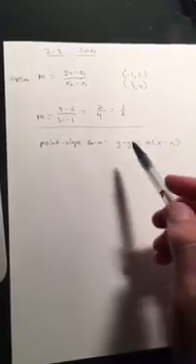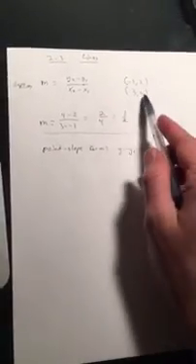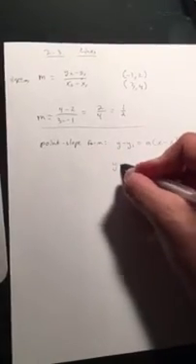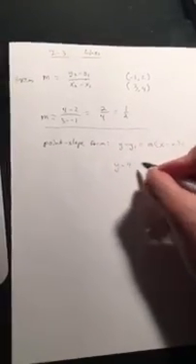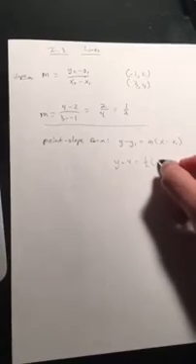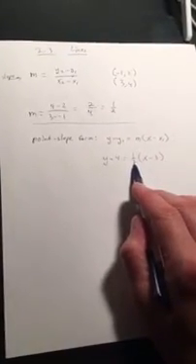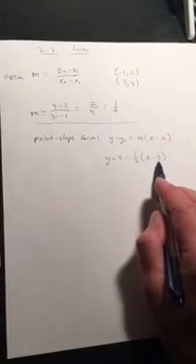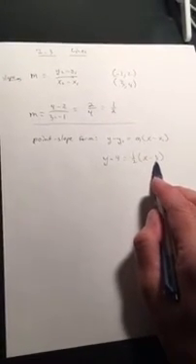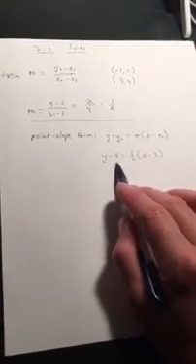So if I wanted to put the equation between these 2 points in point slope form, I could do y minus 4 equals 1/2 times x minus 3. The slope between the 2 points is 1/2, and then one coordinate on the line is the point 3, 4.